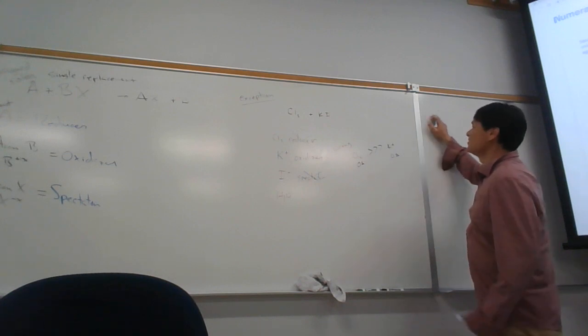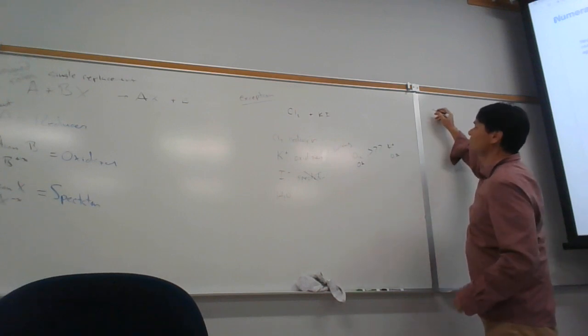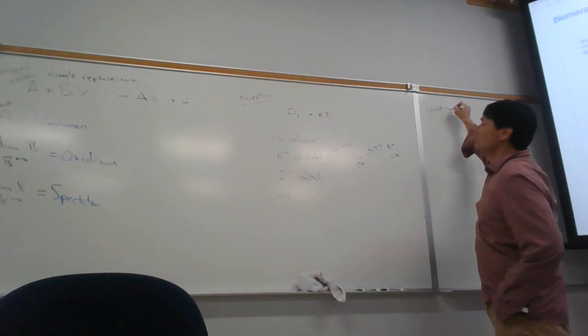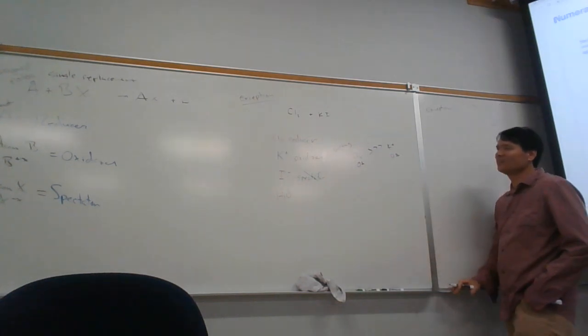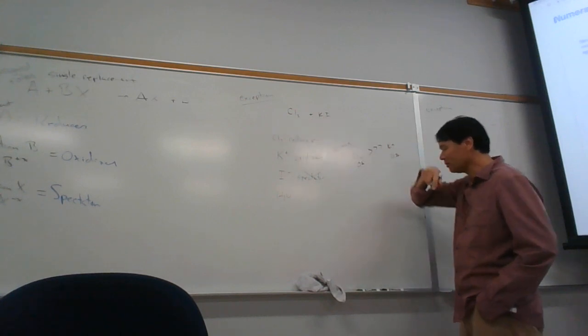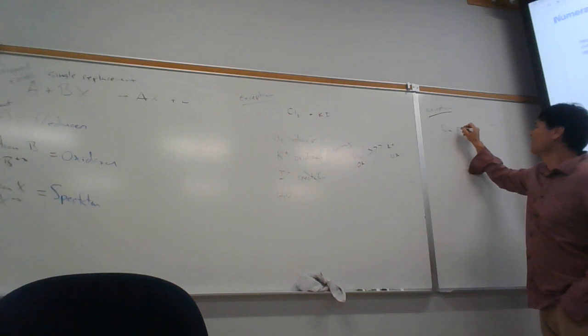Okay, the next exception was copper with nitric acid. There are more exceptions, but the general pattern here is like this: I could have chlorine, fluorine, bromine, iodine, something like that. The next one was copper and nitric acid.